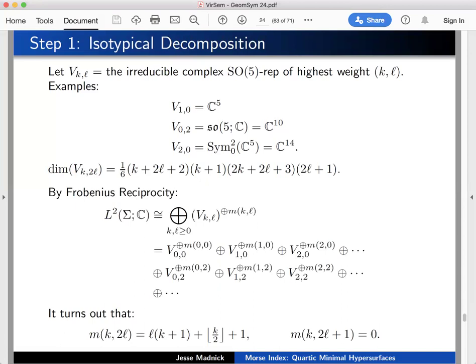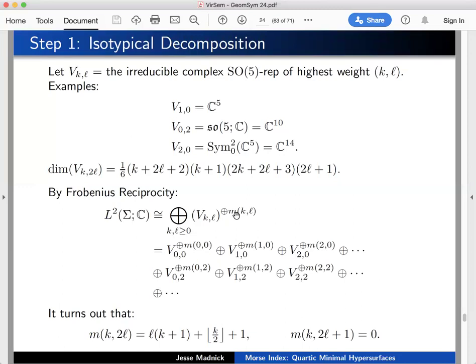Step one, like I said, is to decompose the space of L2 functions into isotypical summands. Frobenius reciprocity does that abstractly and gives you a formula for these multiplicities, but that formula is not as explicit as you would like.